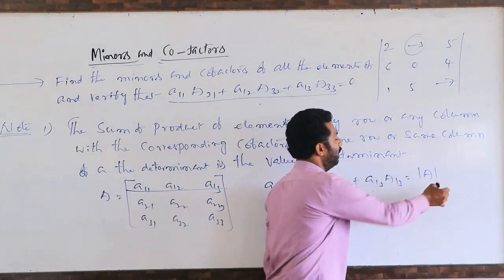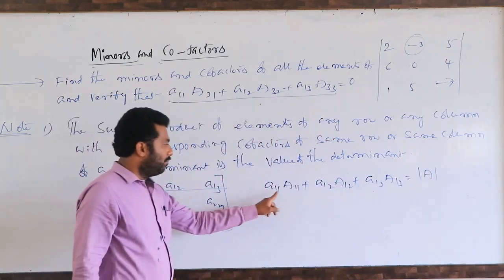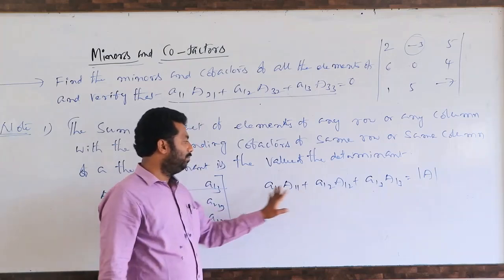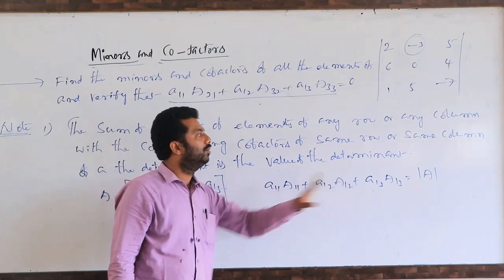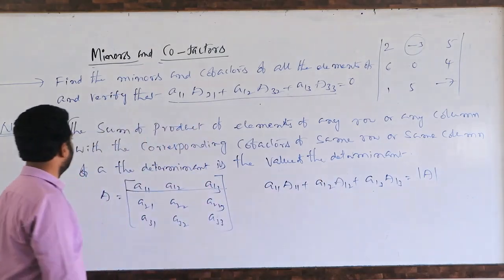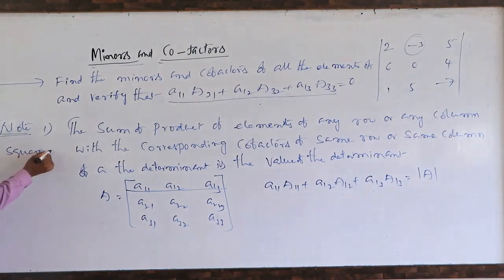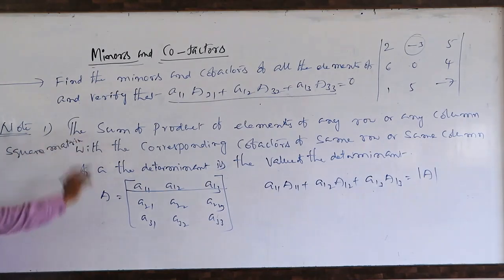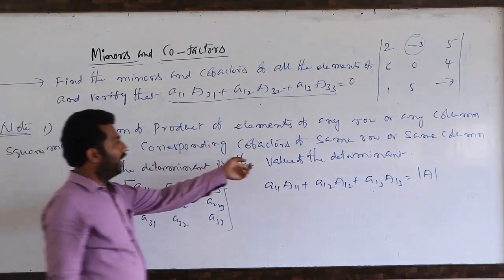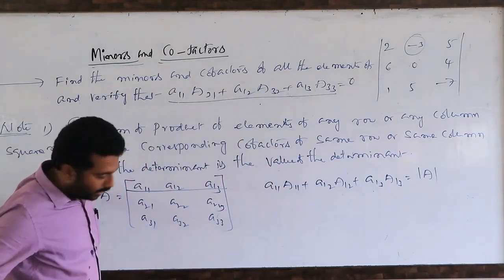That is always the determinant of the square matrix. The sum of the products of the elements of any row or any column of a square matrix with the corresponding cofactors of the same row or same column is the determinant.